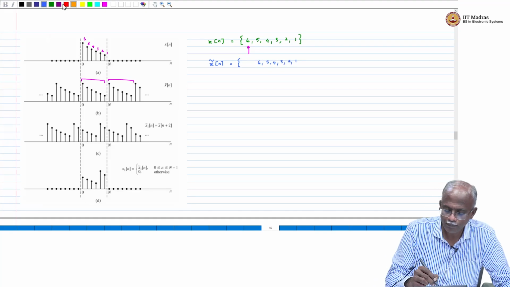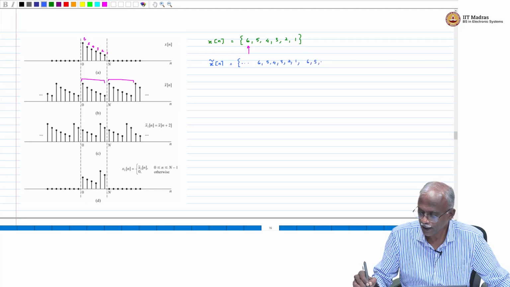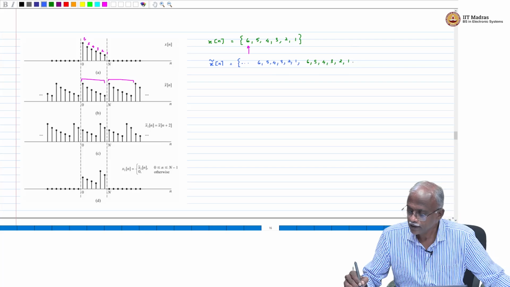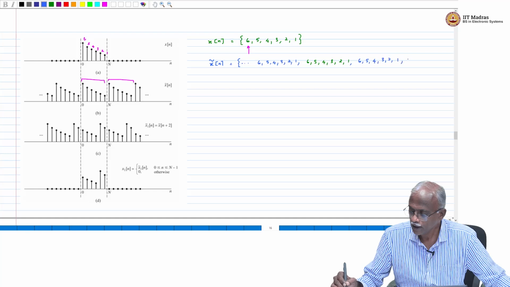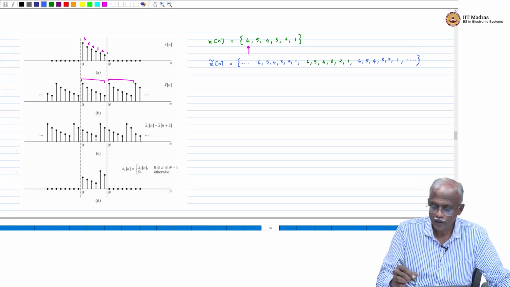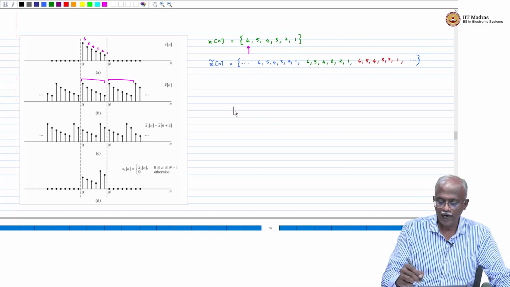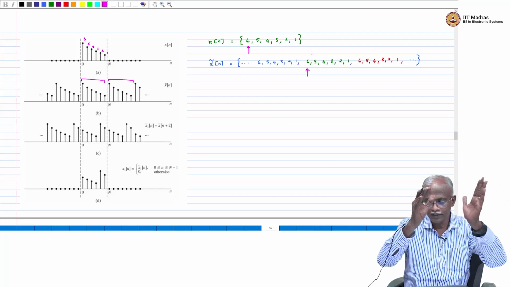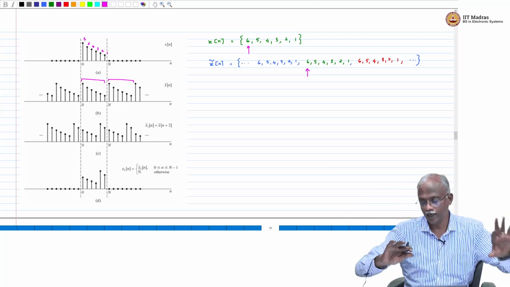Say that this is the pattern that is coming continuously, and then you have 6, 5, 4, 3, 2, 1, and then 6, 5, 4, 3, 2, 1, then dot dot dot. Okay, and the origin is here. So what we have done is x of n gets repeated multiple times, up to infinity.